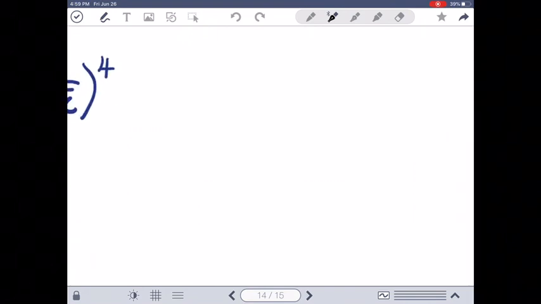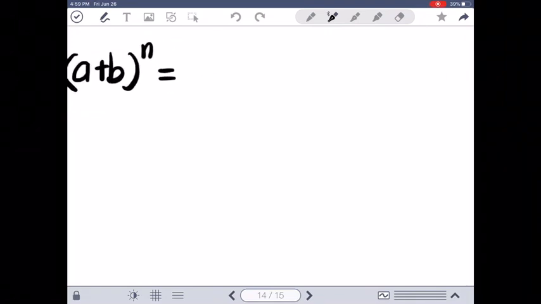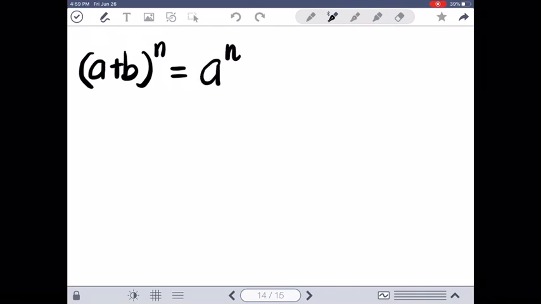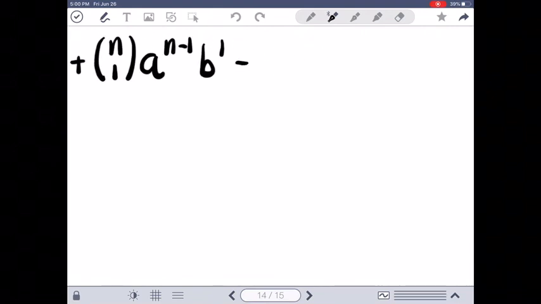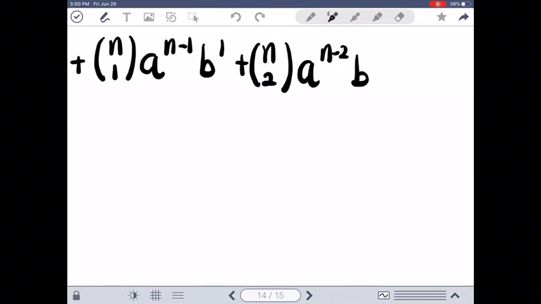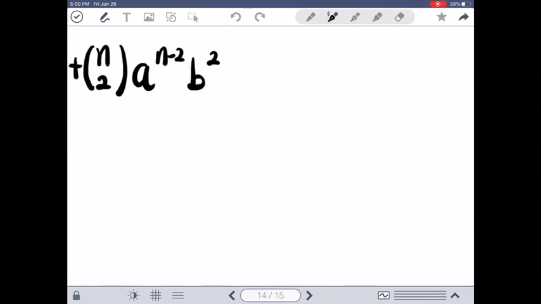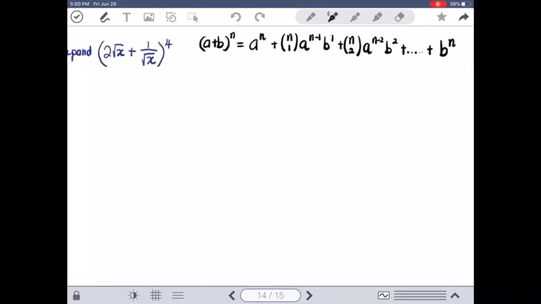We know from the formula that if we have (a plus b) to the power of n, the first term should be a to the power of n, and the second term should be nC1, a to the power of n minus 1, b to the power of 1, plus nC2, a to the power of n minus 2, b to the power of 2, and the pattern goes on until the last term, which is just b to the power of n.